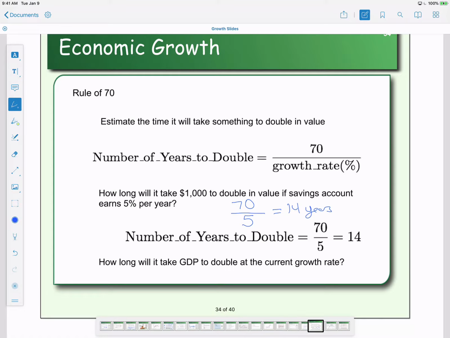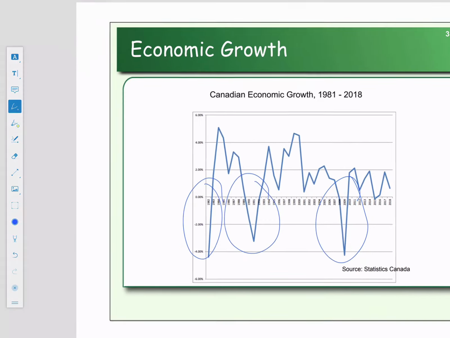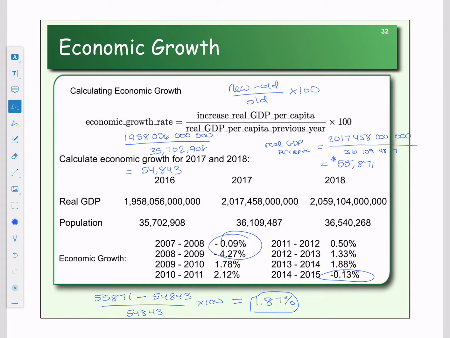We can use this rule of 70 to figure out how long it will take our population to double in size, or our economy, our GDP, to double in size. For example, if we go back 2 slides, we found that from 2016 to 2017, the economy was growing at 1.87%.